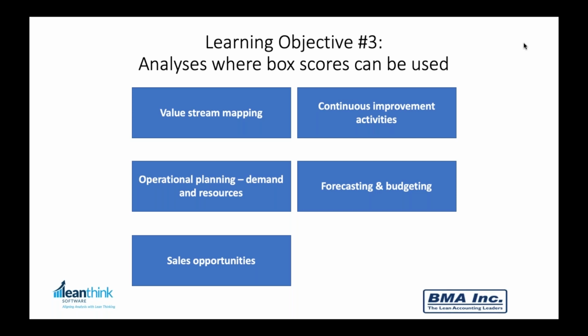You want to move away from, well, what's the standard margin on this product if this is the price? You want to look at what's the impact on the box score in total, because a sales opportunity is much, much more than just what's the price and what is a standard margin. It's really about the volume of the opportunity and how does that volume impact the capacity.